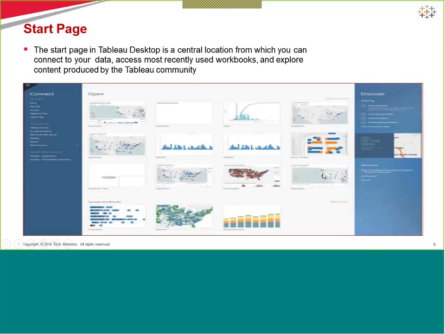Towards the bottom, you will find some sample visualizations which are created and made available so that you can use them for creating your own visualizations. Some sample data and sample visualizations are there. If you want to understand them, you can also connect to them and view them. In the center, whatever visualizations you have built currently are displayed for you.